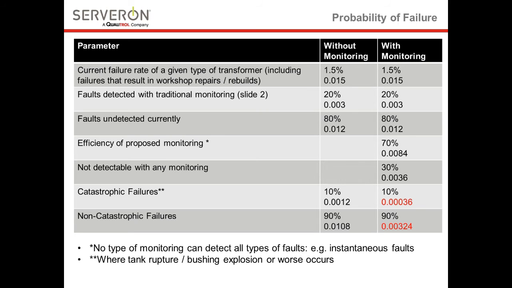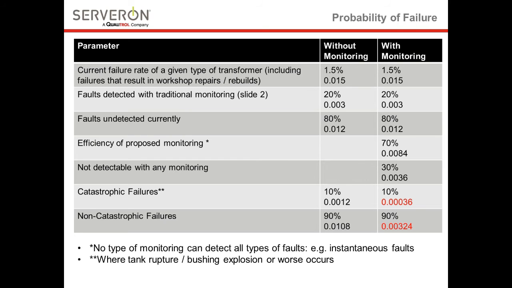So we can see, for example, that with a monitoring solution where we are suggesting that 70% of the faults can be detected with this advanced monitoring, that gives you, when you consider 10% catastrophic failures, a divergence between the probability of failure without monitoring and the probability of failure with monitoring. So you can see that you have a lower probability of a catastrophic failure occurring with monitoring, and a lower probability of a non-catastrophic failure occurring with monitoring.